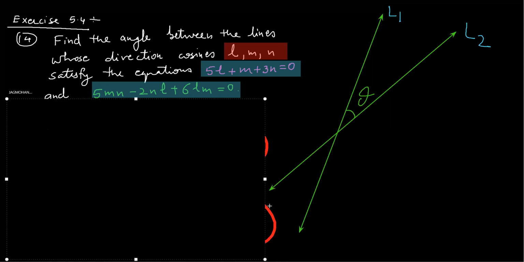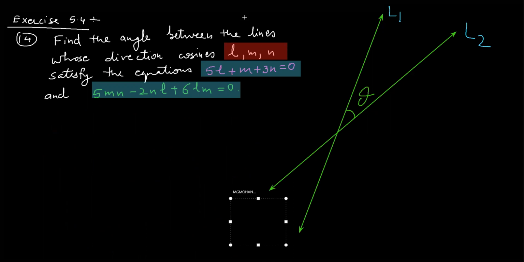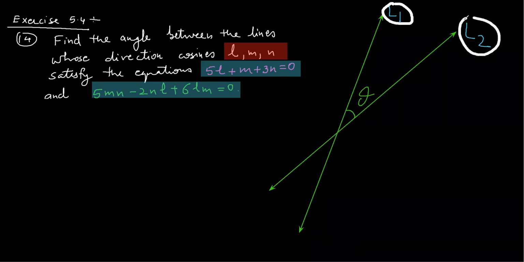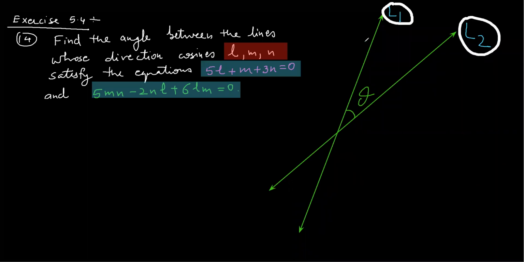Now here I would like to explain this and make you comfortable. Remember, though they are giving us L M N for the DCS of both the lines, L M N for L1 will have some different values and L M N for L2 will have different values.